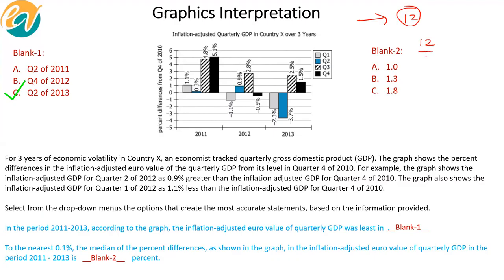N by 2 and n by 2 plus 1, and the average of these, right? So the sixth value plus the seventh value divided by 2, when all the values are arranged in ascending sequence. Let's take ascending sequence.